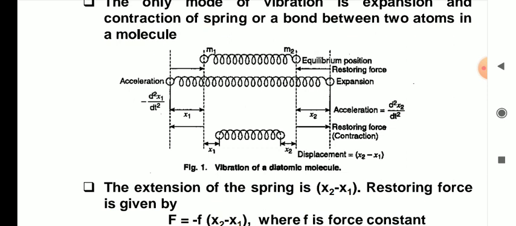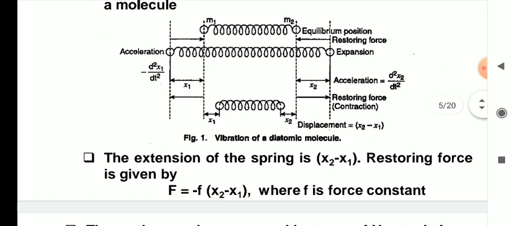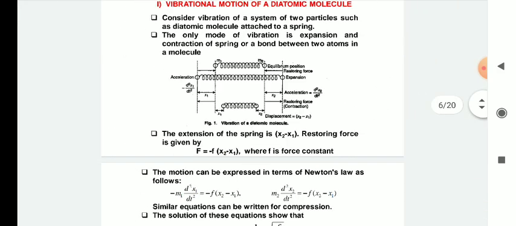Hence, the displacement from their mean position is x2 minus x1. And similarly, once they are in motion, they definitely possess acceleration. Hence, d square x1 upon dt square is the acceleration of the first atom, and d square x2 upon dt square is the acceleration of the second atom.